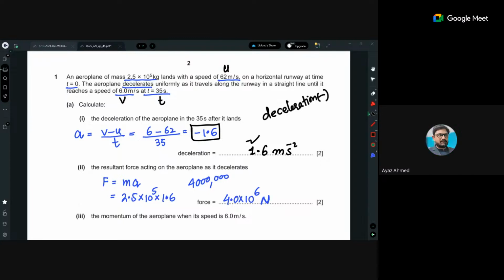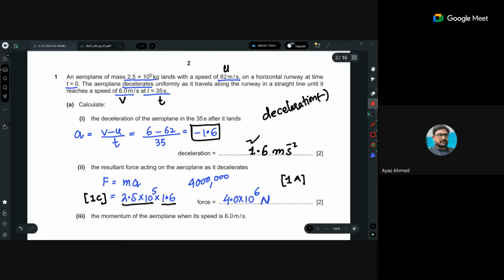Okay, the next is the resultant force acting on the aeroplane as it decelerates. Again, it's a very easy question of 2 marks. 1 mark is either for the formula or for plugging in the values. You will score here if you put F equals MA, or instead just put the values of F and A, and 1 mark will be awarded. That will be your answer mark.